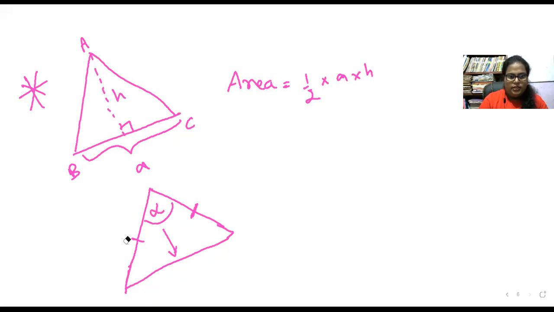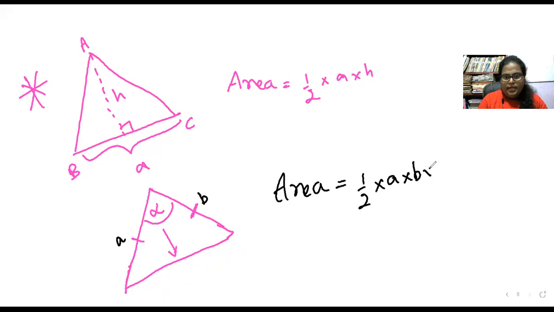I am denoting this one like AB. This one is A and this one is B. So you can get the area of this triangle by using half AB sine alpha. Right, this is the next, second method that you can get the area of this triangle.